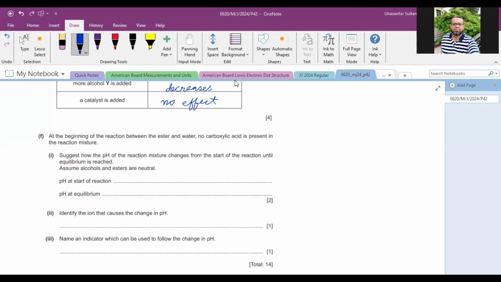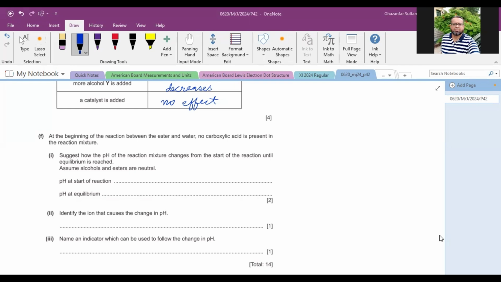Now this is the last part of this question. At the beginning of the reaction between the ester and water, no carboxylic acid is present in the mixture. Suggest how the pH of the reaction mixture changes from the start of the reaction until equilibrium is reached. Assume alcohol and esters are neutral.